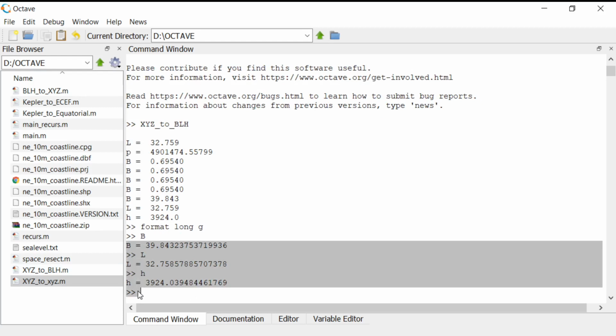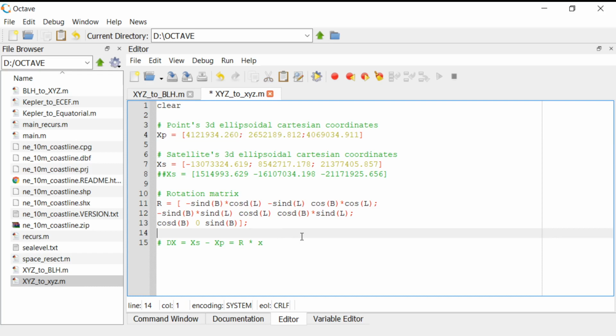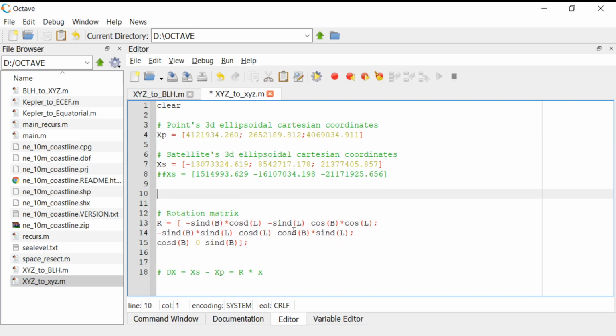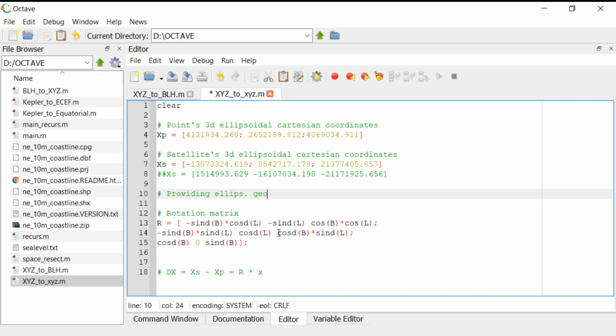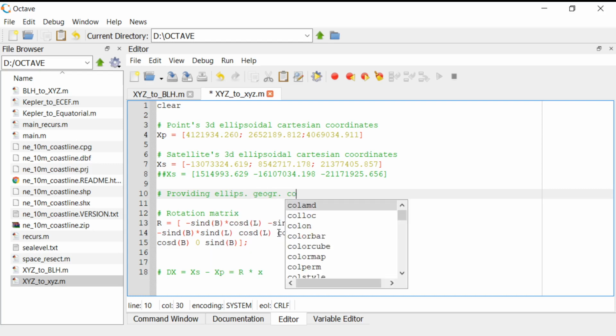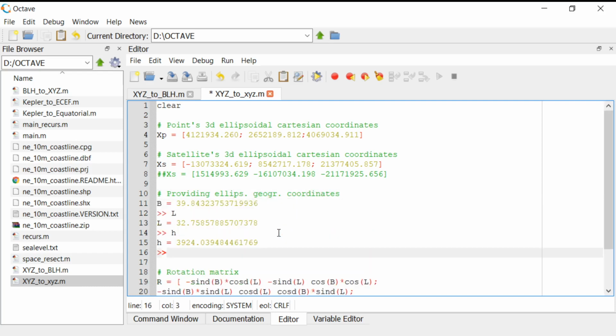I am copying simply, then I can make some arrangements in my equation here, before going to my rotation matrix, providing the ellipsoidal geographical coordinates. So these are B, L, and H. As you see, I'm making some arrangements here.